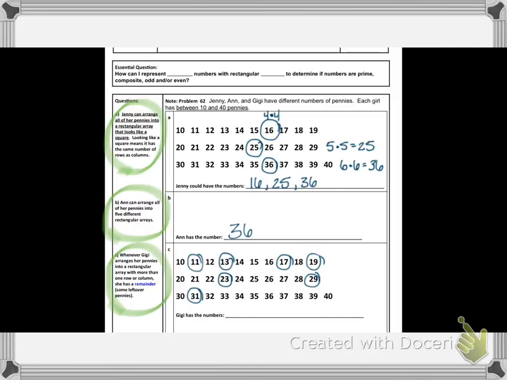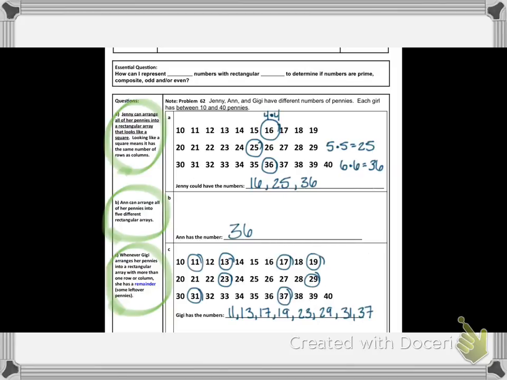And she could have 37. So Gigi could have the numbers 11, 13, 17, 19, 23, 29, 31, or 37, based on her given rules.